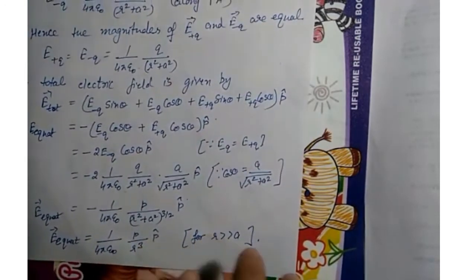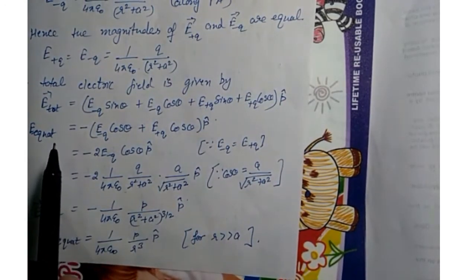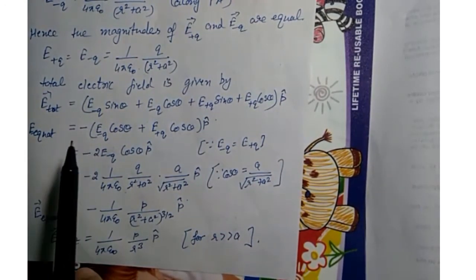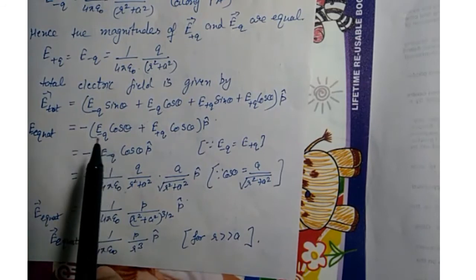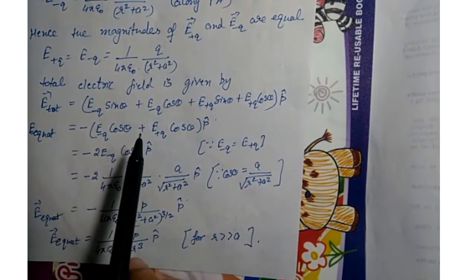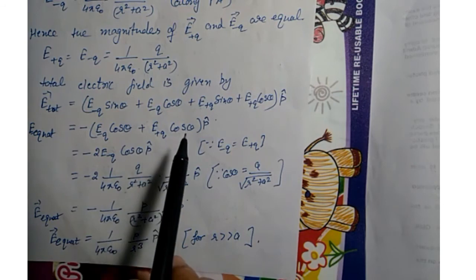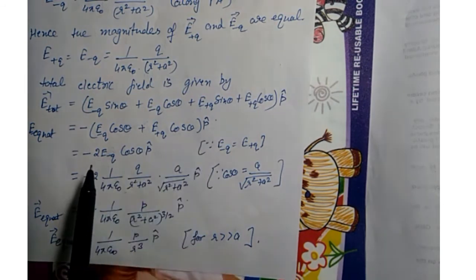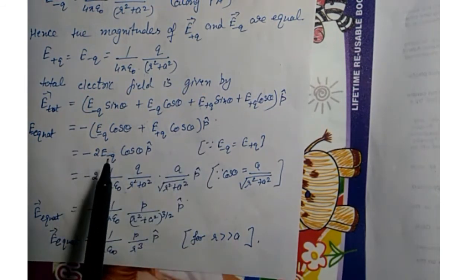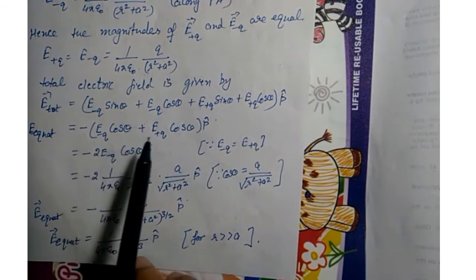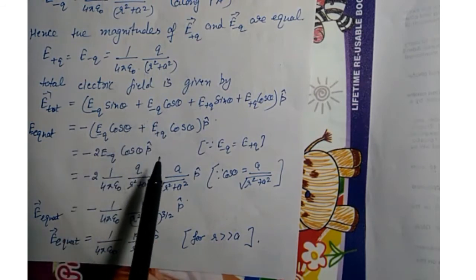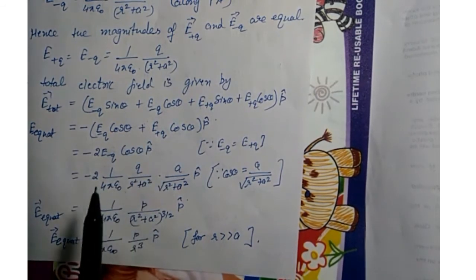So, the net equatorial electric field is minus E Q cos theta plus E plus Q cos theta, and is equal to minus 2 E Q cos theta P unit vector, because the magnitudes are the same.